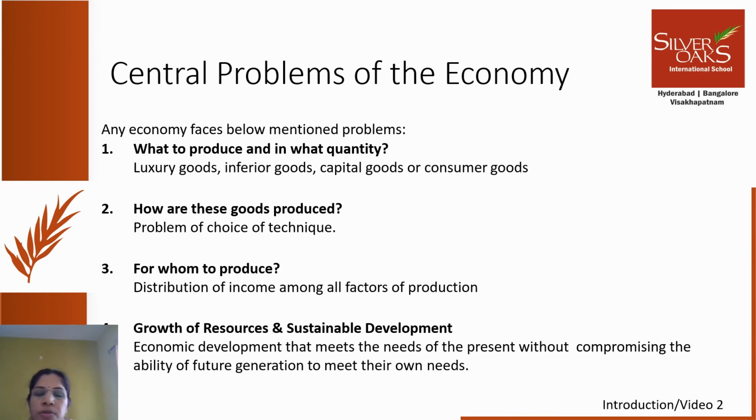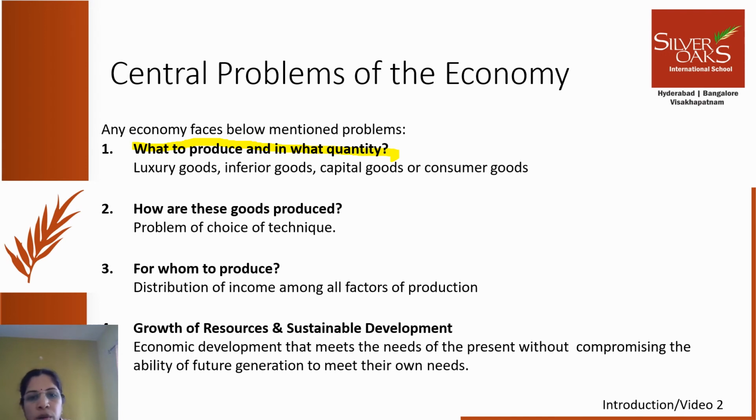First problem that any economy faces is what to produce and in what quantity. We discussed in the first video, any economy will have hundreds of requirements. Like for example, take India. India has a need to produce food items, it has to produce capital goods, consumer goods, premium houses, cars for different categories of people.